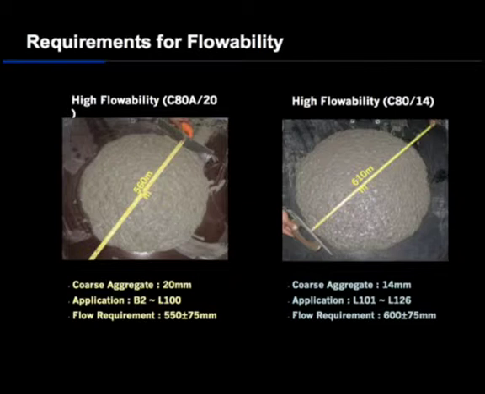For example, for this C80A, we need the 550 plus or minus 3 inch flow. And for the higher levels, we have used 14 millimeter coarse aggregate, and also the flow requirement was 600 plus or minus 75 millimeters.